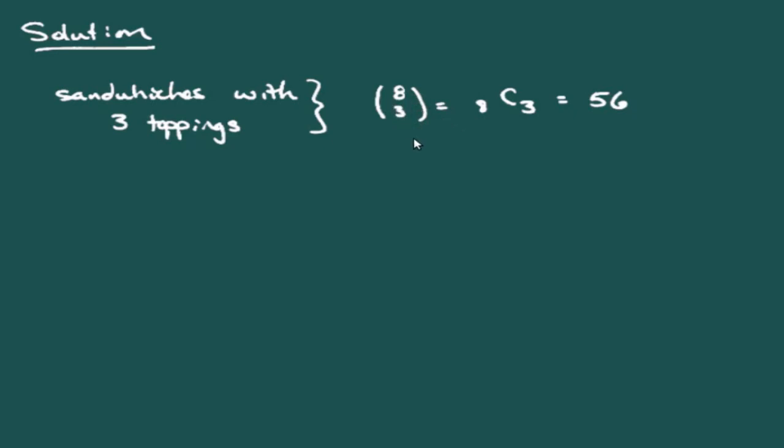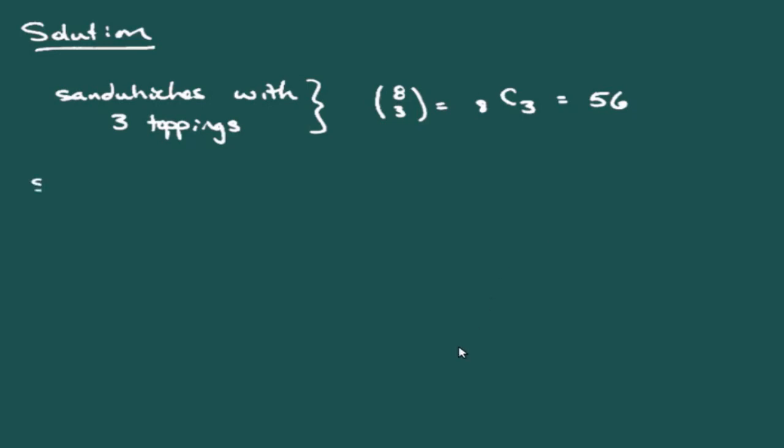That's our notation for something that we'll call a binomial coefficient, and that will show up later in probably the next section. But that's another common notation that you see used for making these combinations. So 8 choose 3. We want to choose 3 things from 8, and plugging that into our calculator gives us a value of 56 different sandwiches with 3 toppings.